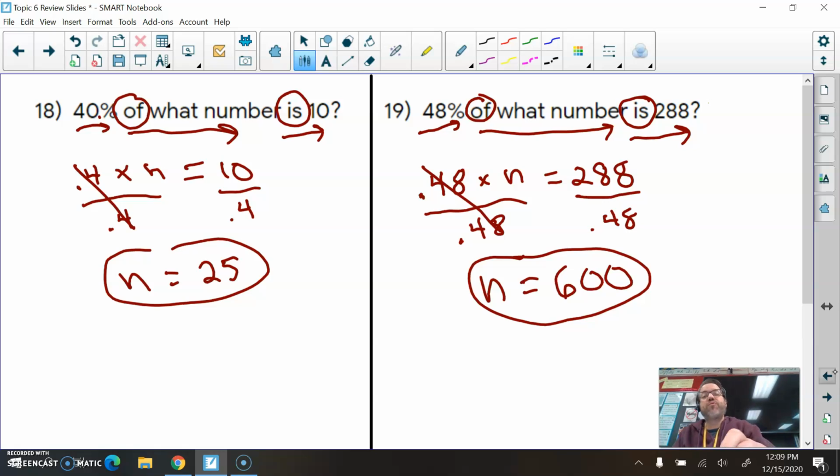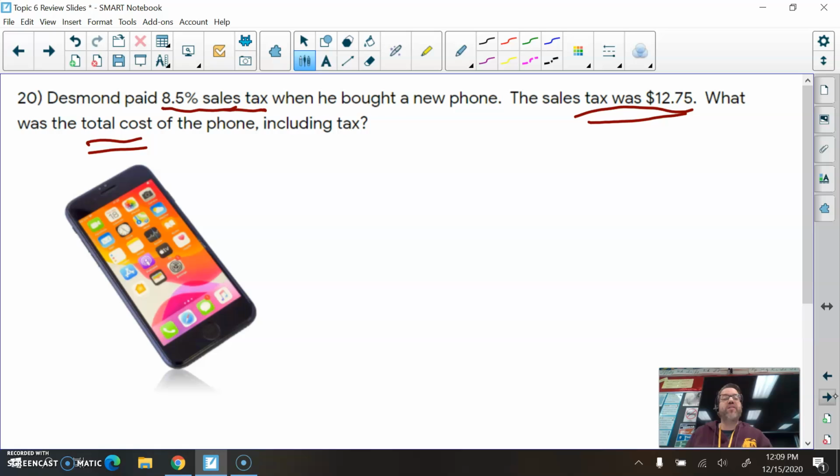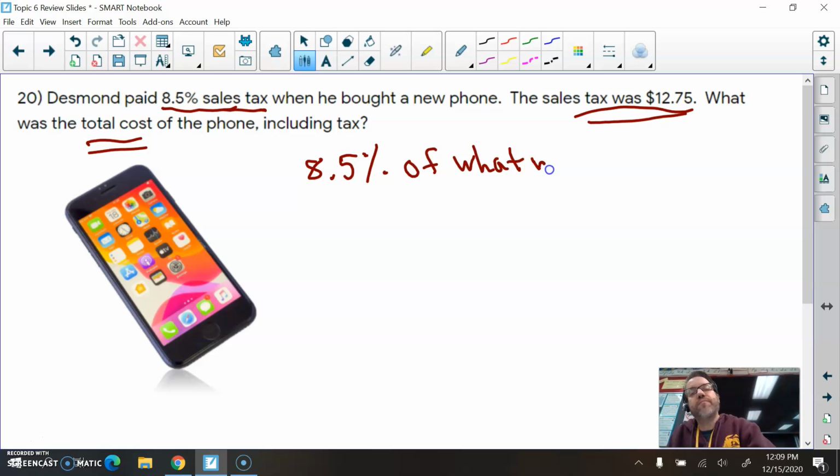So we need to write an equation, and I want you to look back at the previous example here. 48% of some number is 288. 40% of some number is 10. Can I write myself an equation like that here? Well, I could say 8.5% of what number is $12.75.